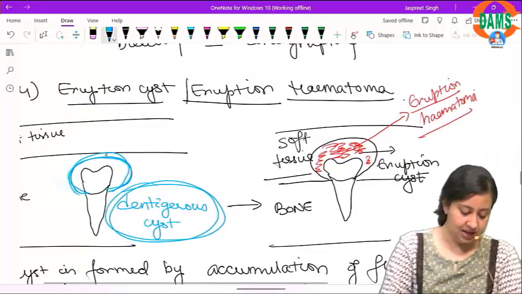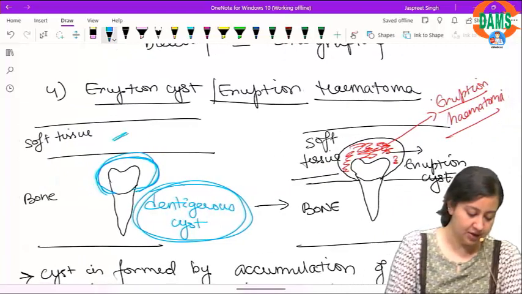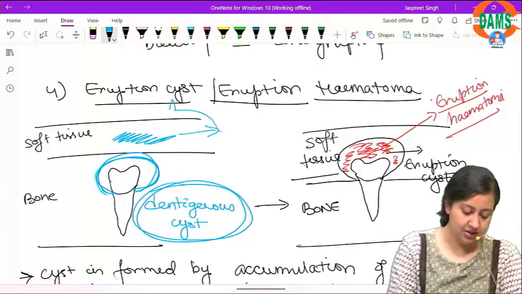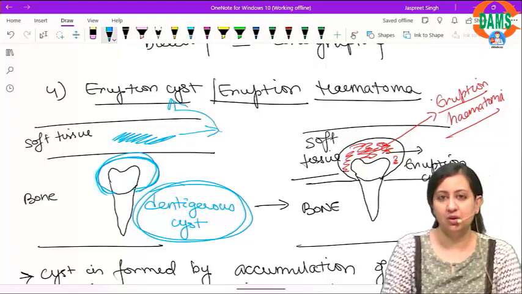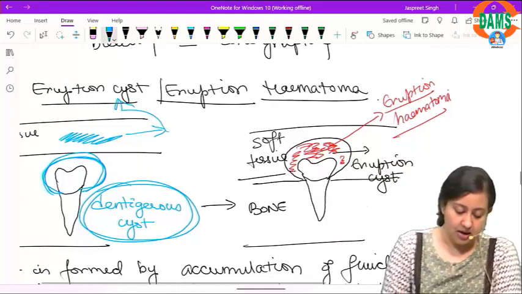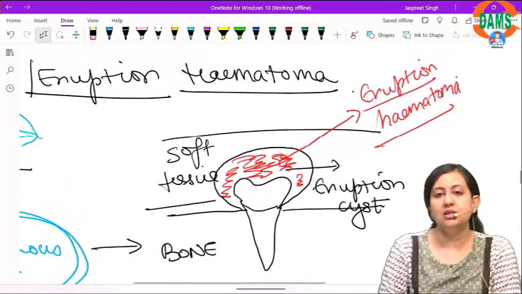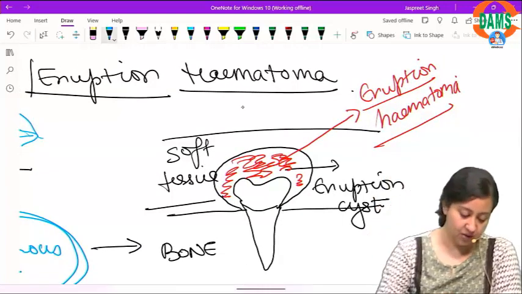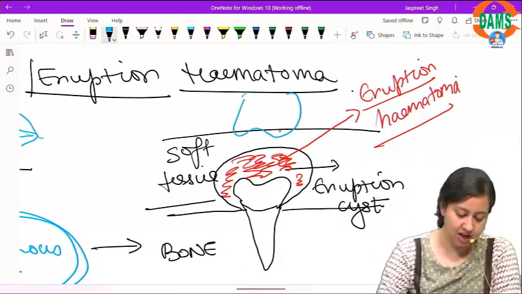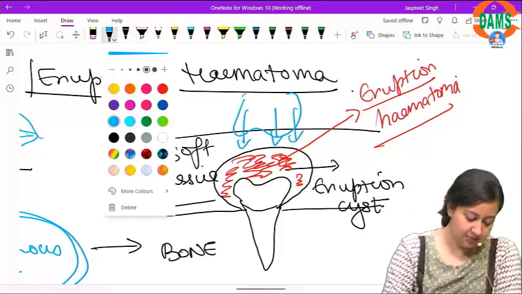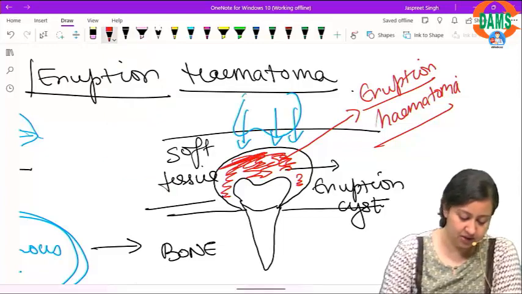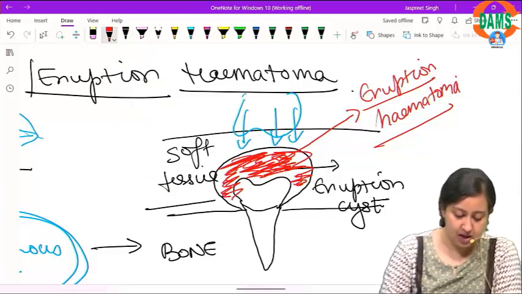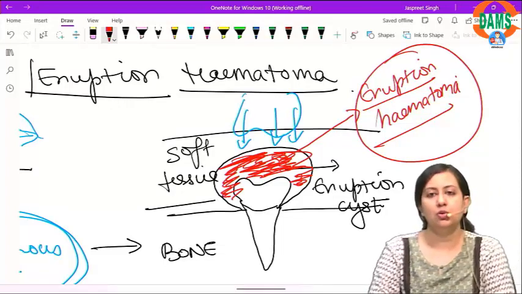But if this same cyst is present with an erupting tooth here in the soft tissue, then it becomes an eruption cyst. Now, if bleeding occurs in this eruption cyst due to pressure from the opposing tooth, bleeding will take place, and this is known as eruption hematoma.